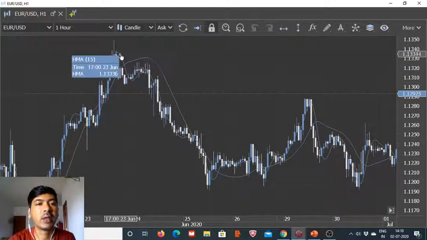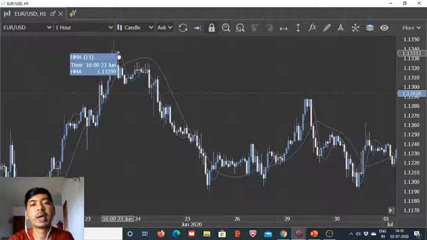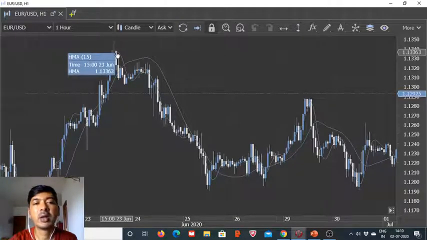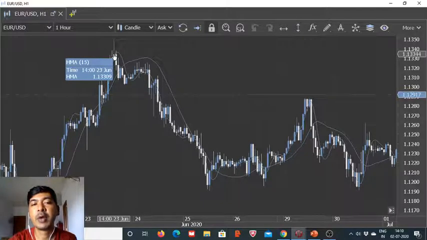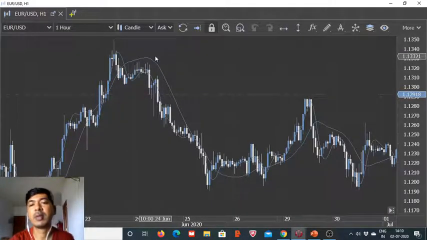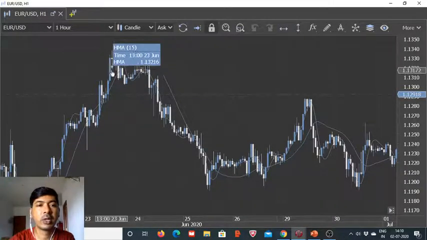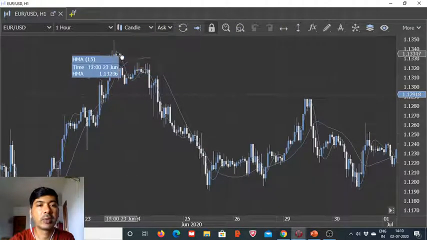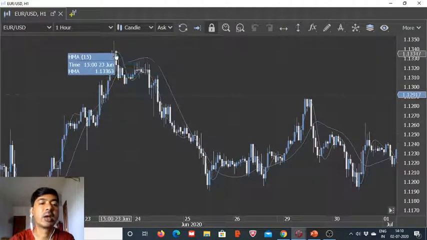One is of 1, and then it will be compared to the value of HMA 15 3 hours back, and that value will also be compared to the HMA 15 of 5 hours back, and then we will take a decision there. So the HMA 15 should start to fall after having been rising earlier.